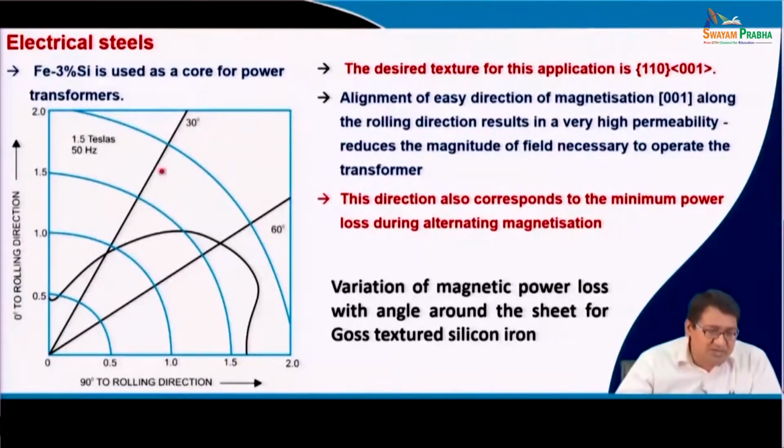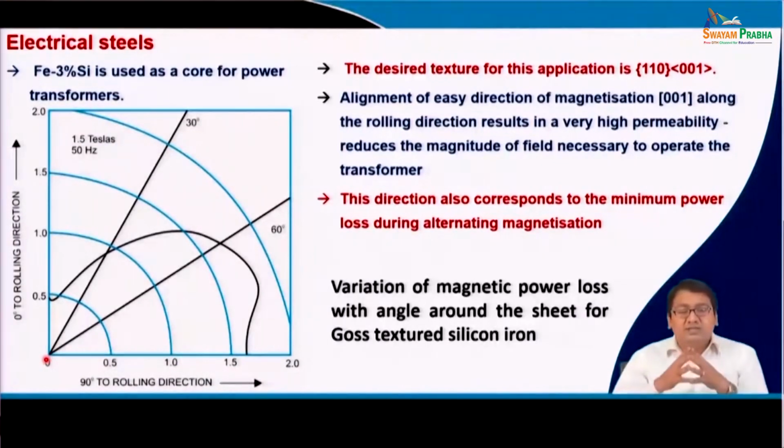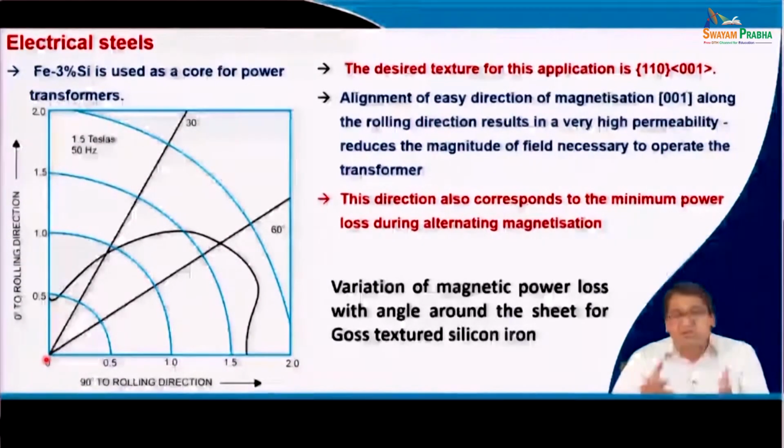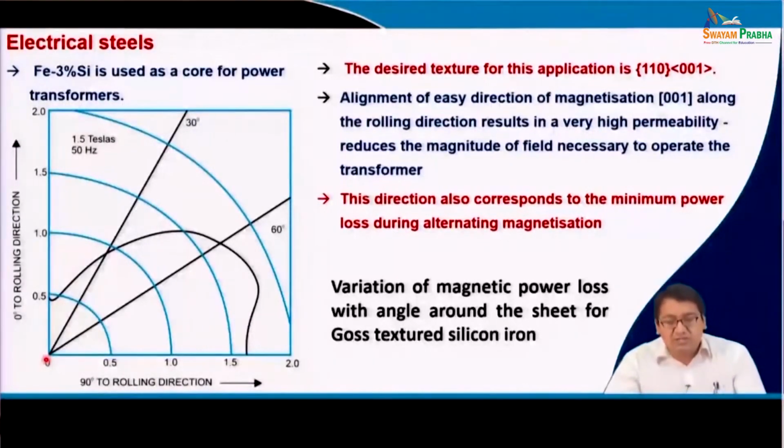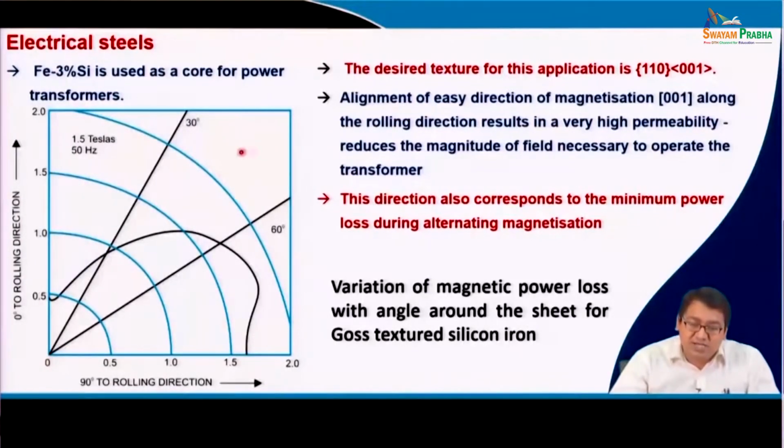Say, for example, if we use a rolled steel, here is an example: rolling of a Fe 3% Si steel is done in such a way that Goss texture is formed, and Goss texture is the desirable texture.